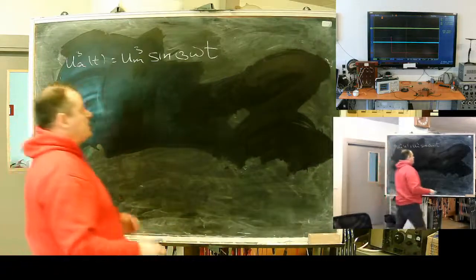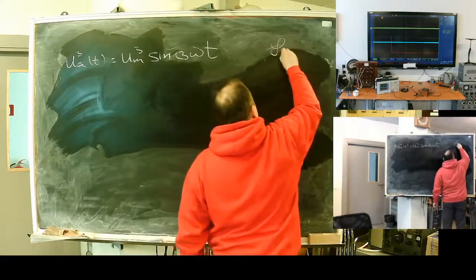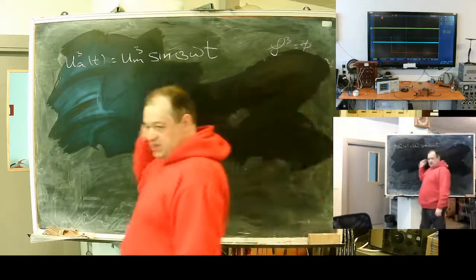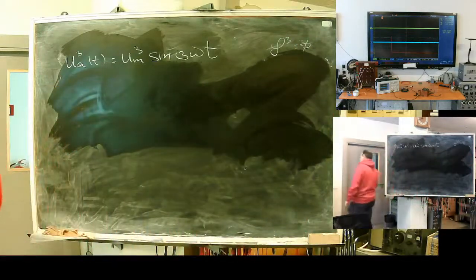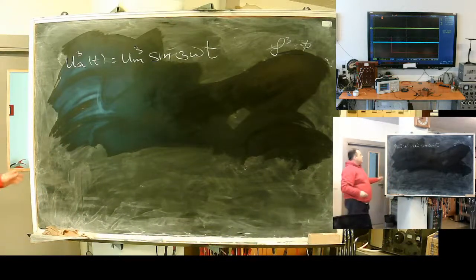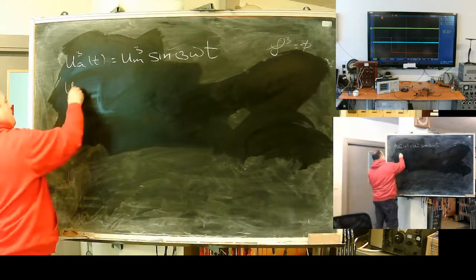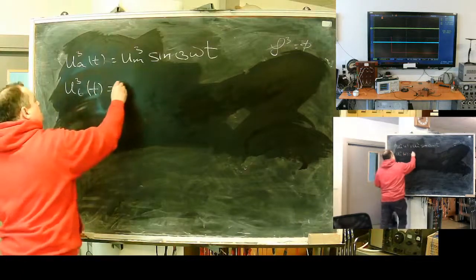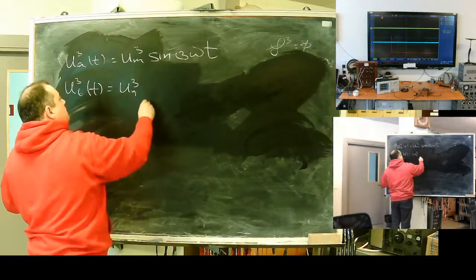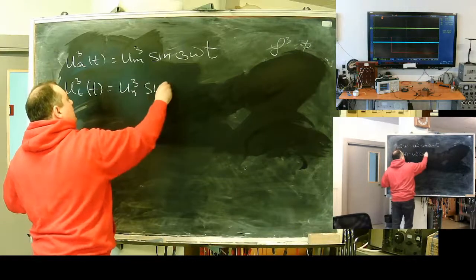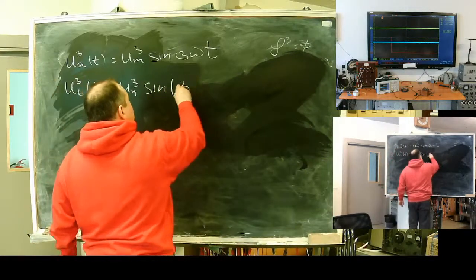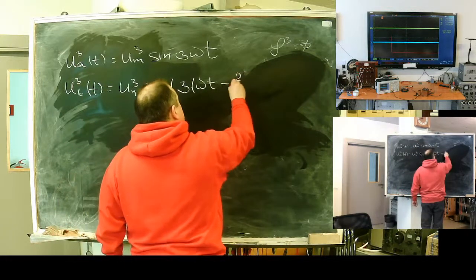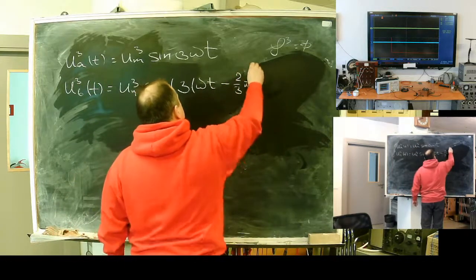For simplicity, I will say the phase is 0. It's just for simplicity. At phase B, we will have sine of triple omega t minus 2/3 of pi.